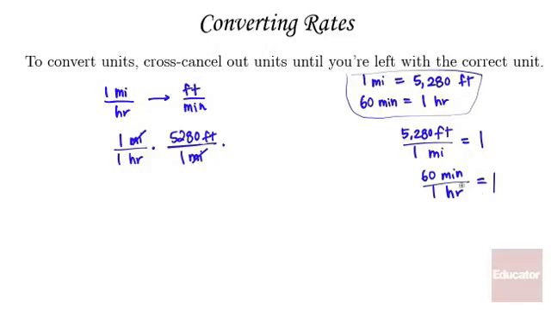So I want to multiply this whole thing by this because, again, this is equal to 1. And I want the hours to go away. That means if this is already in the bottom, then I need to write this on the top. So this is going to go 1 hour over 60 minutes.